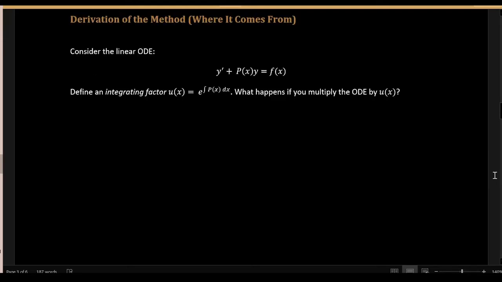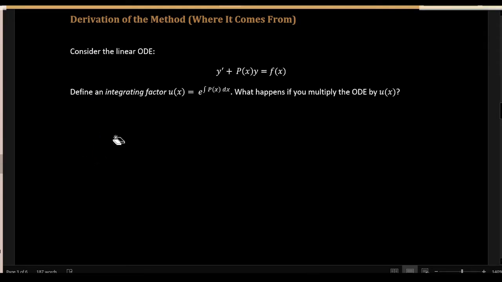We're going to try and find a solution to the linear ODE y prime plus p of x times y is equal to f of x. And I'm going to define a new function of x, which I will call u. The books call this mu, the Greek letter mu, which is u with an extra long tail.